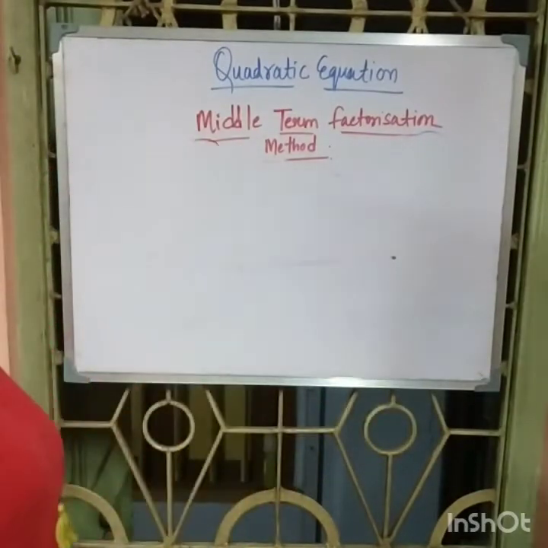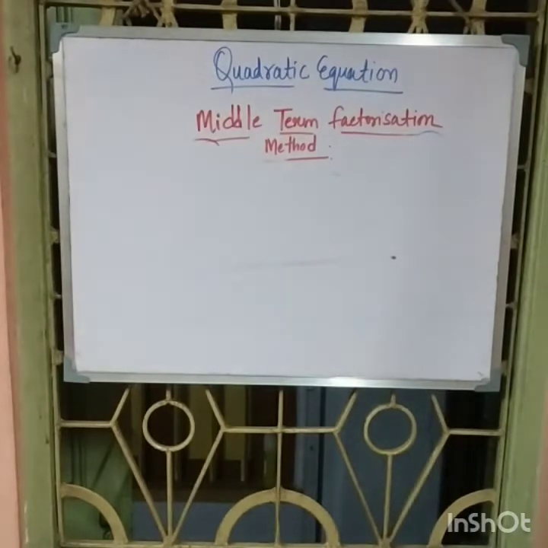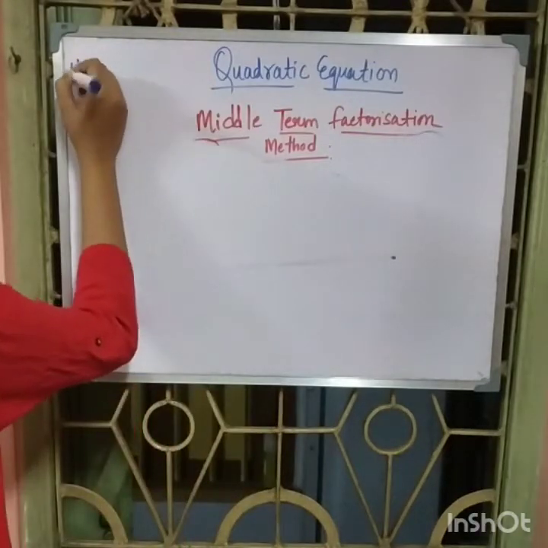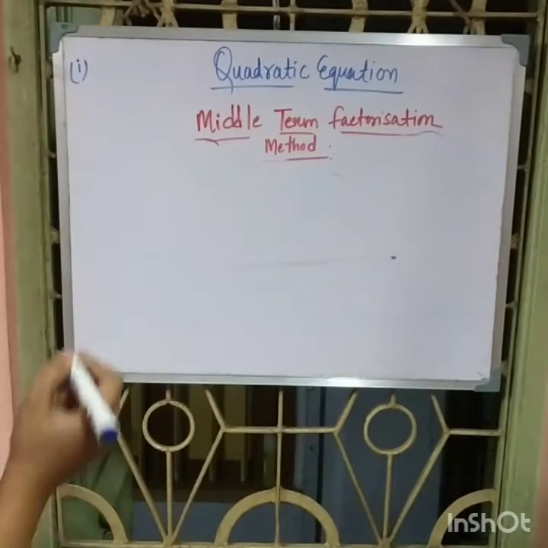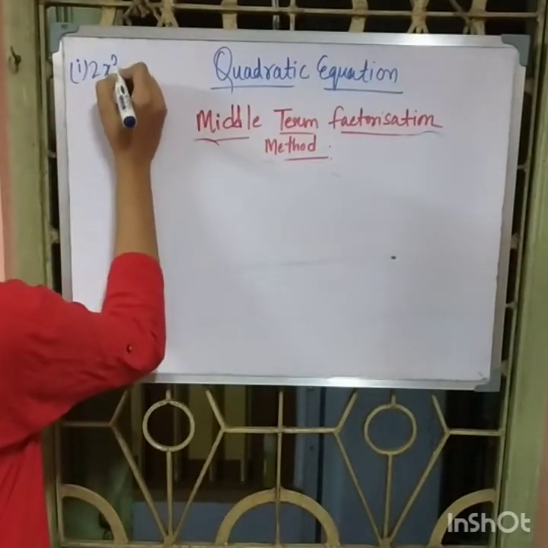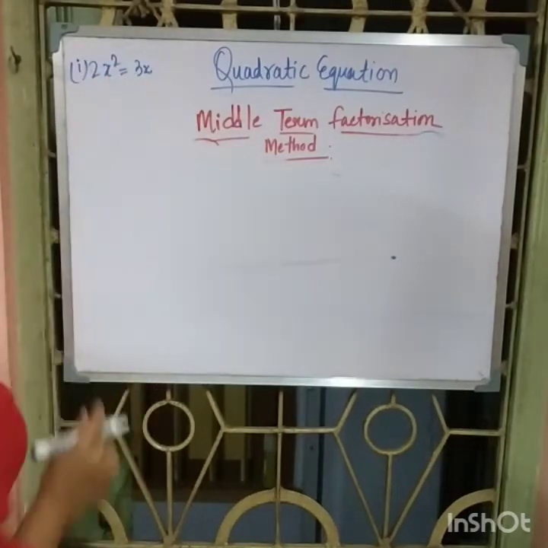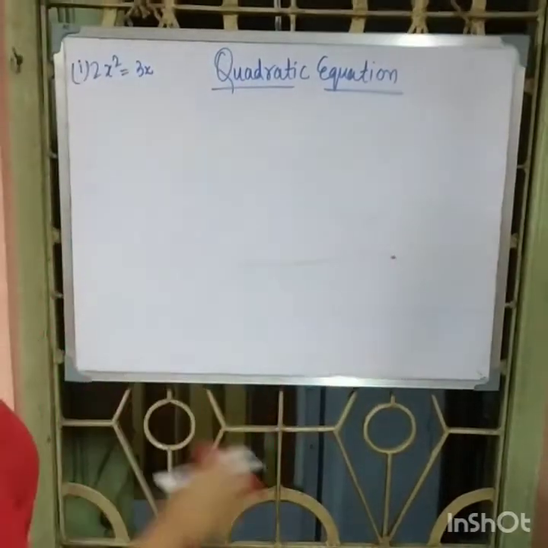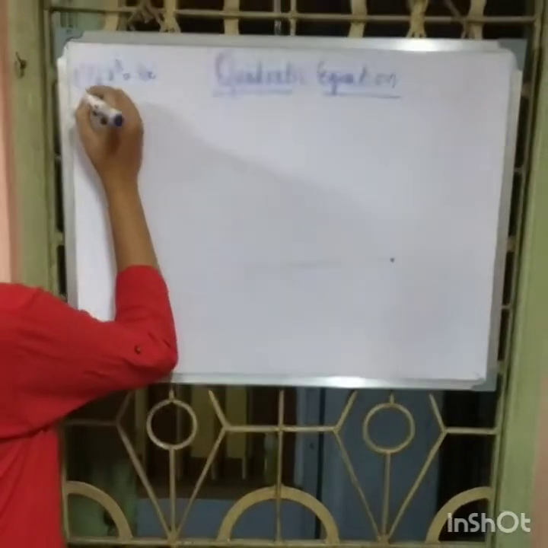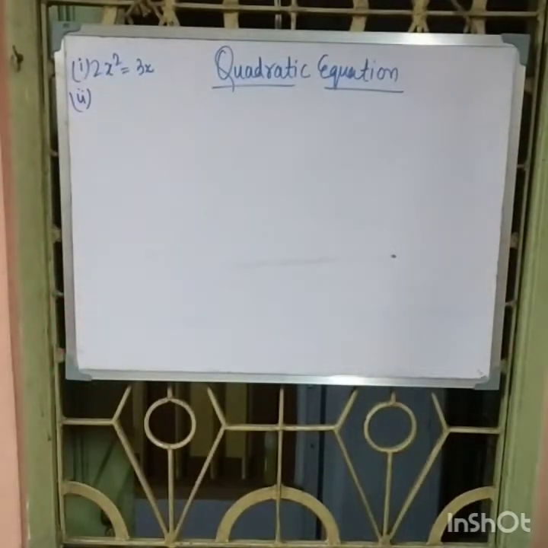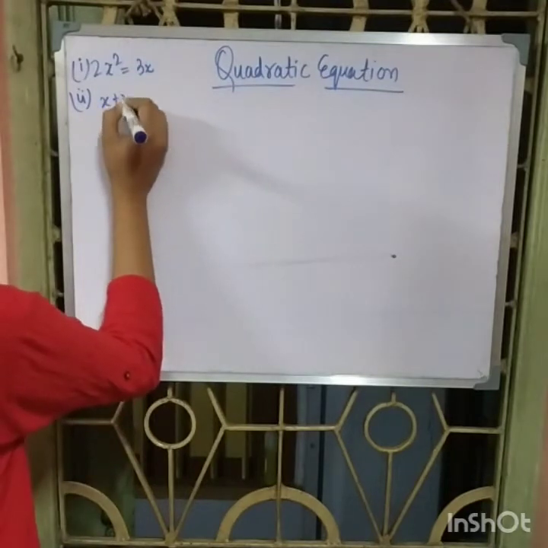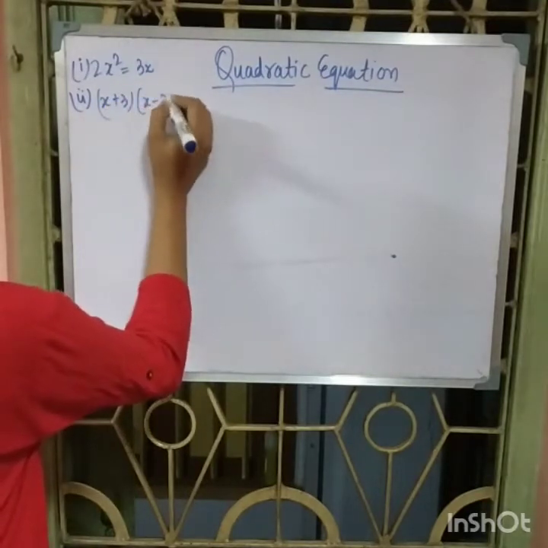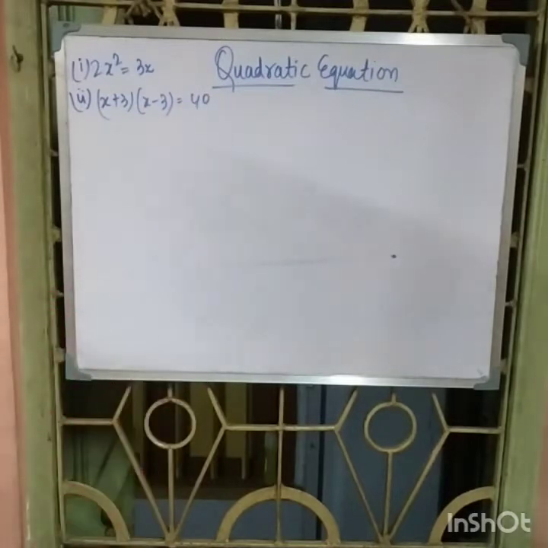Let's solve another example. Okay. Let's solve two examples, the first one being 2x square is equal to 3x. The second is x plus 3 times x minus 3 is equal to 40.